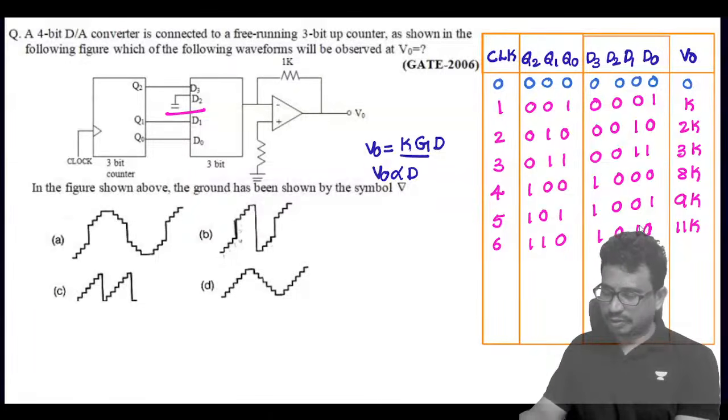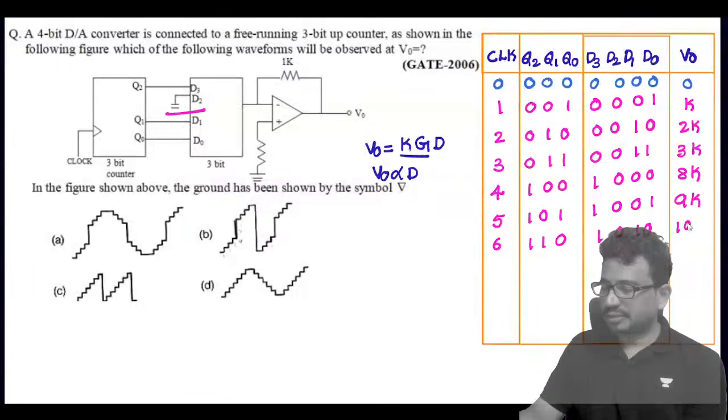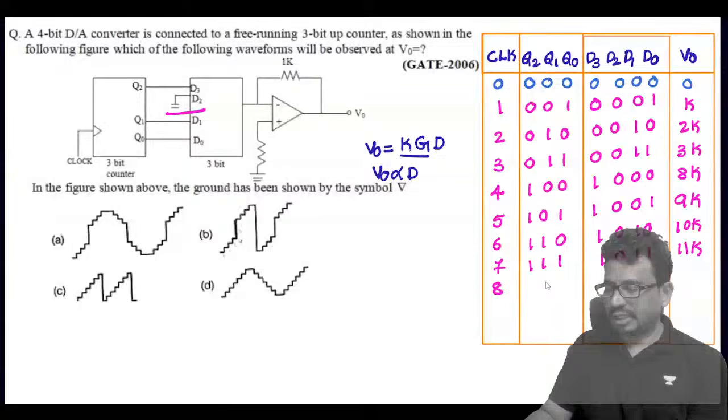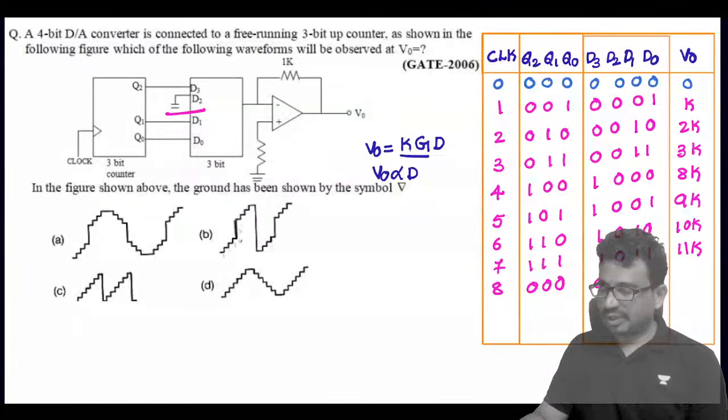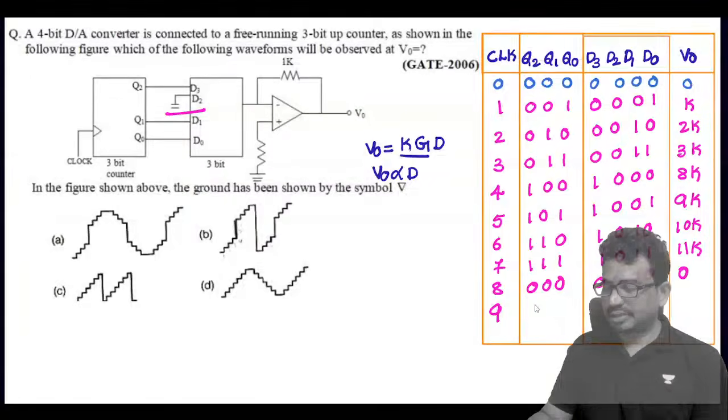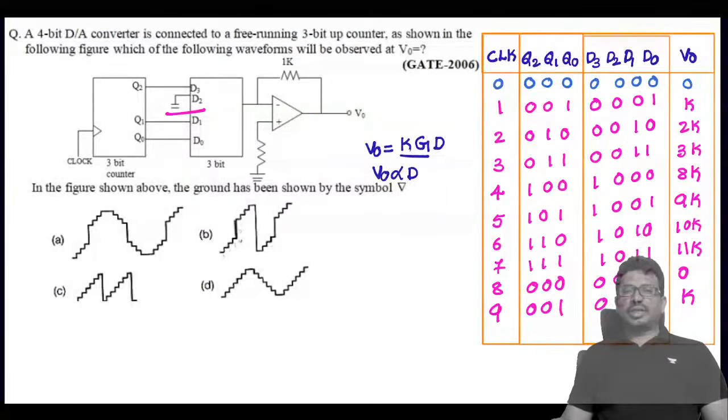Then it is 10K. The seventh clock is 1, 1, 1, so this is 1, 0, 1, 1, then it is 11K. And on the 8th clock the counter will reset, so it will come as 0, 0, 0, then again 0. The 9th clock is 0, 0, 1, so again it will come as K. Like that it will continue.